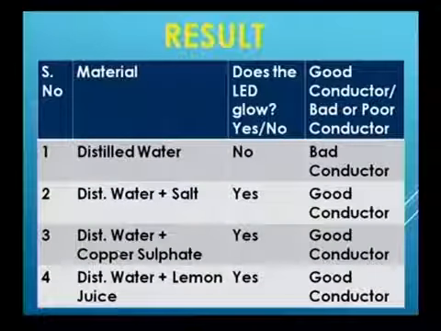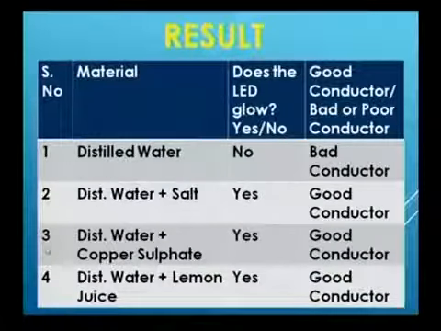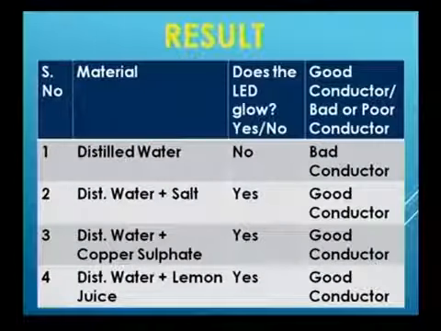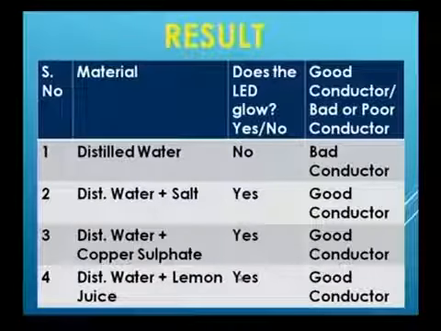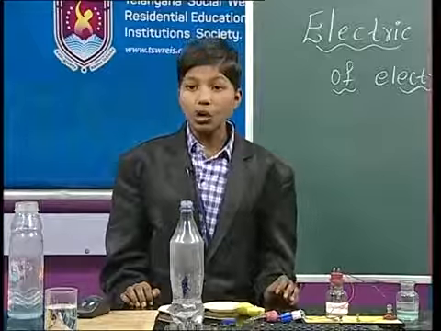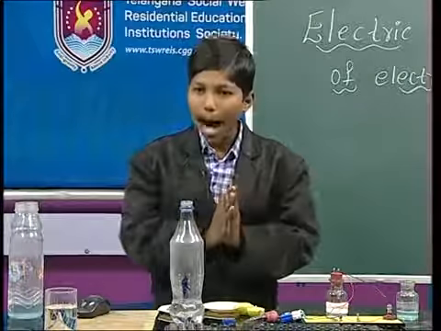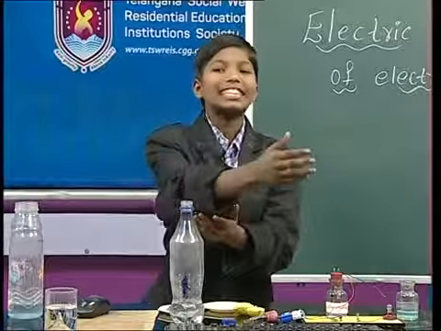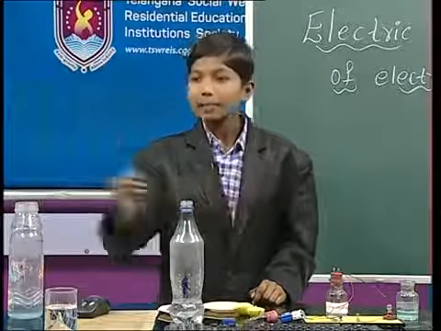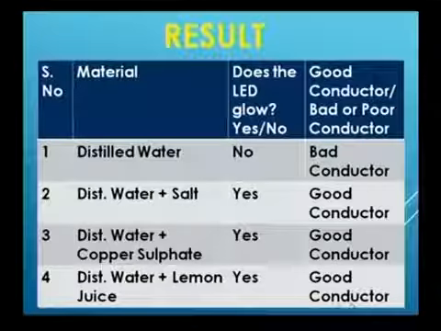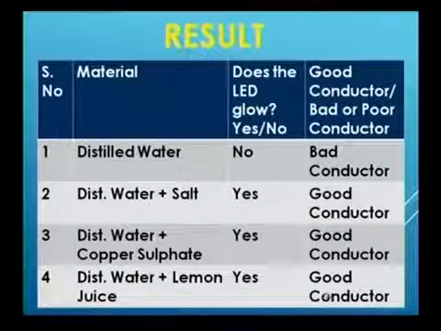Yes, when we are doing our experiment, the LED bulb has glowed. So we say it is a yes. And is it a good or bad conductor? Here the lemon juice allows the electricity to pass. So we say that it is a good conductor of electricity.